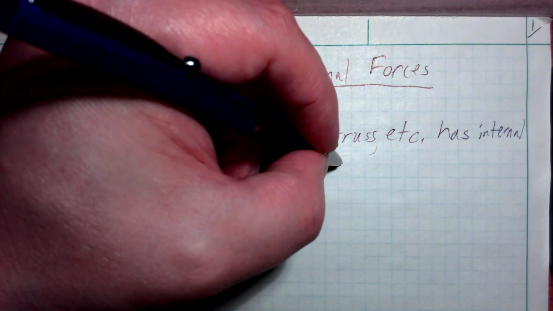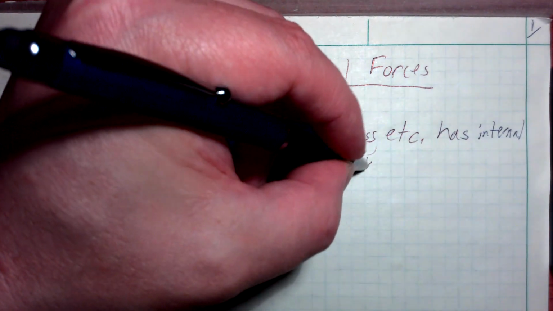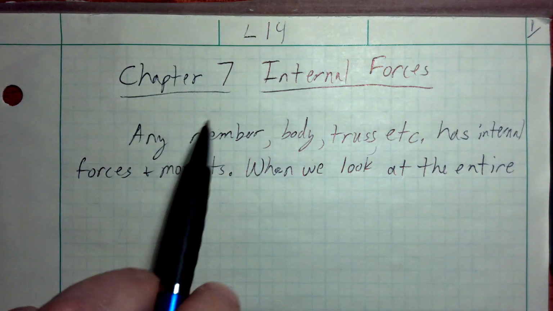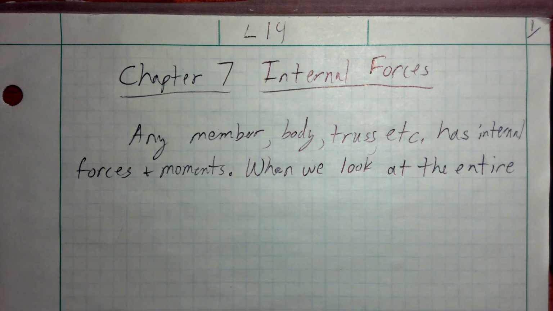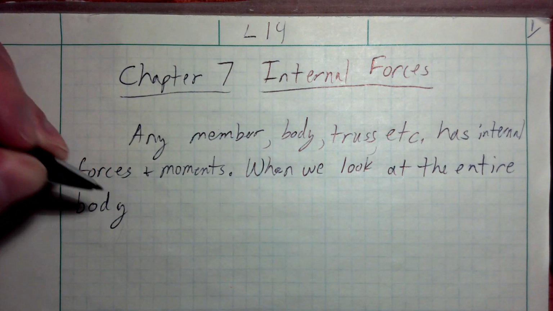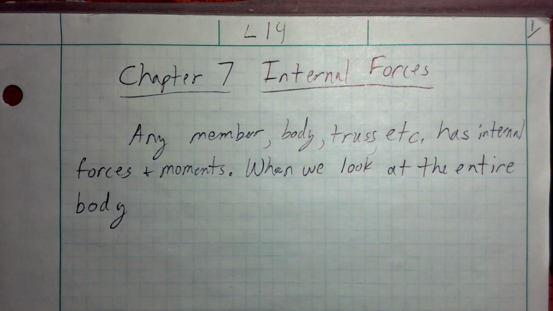When we look at the entire body, and rather than use this whole thing here, I'm just going to say whenever we look at the entire body, it could be a truss, a member, mutant potato, whatever you want it to be, but body is just a generic term.